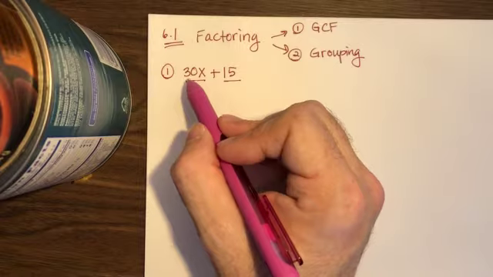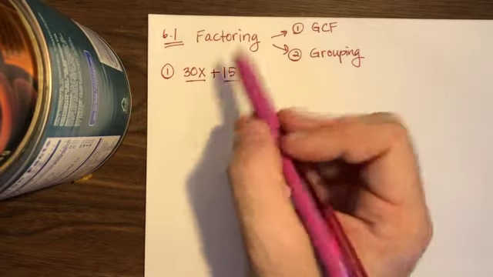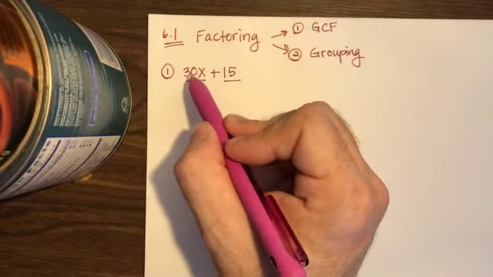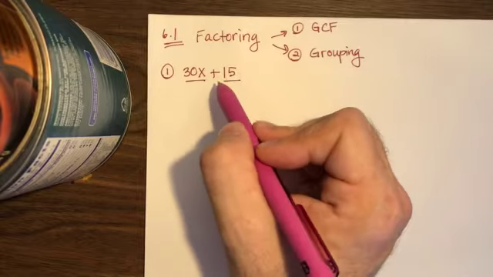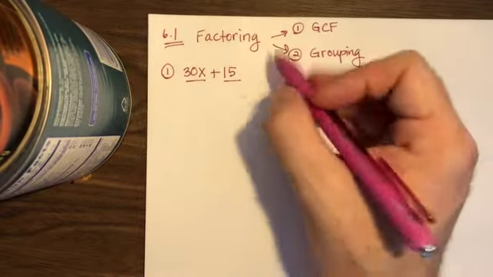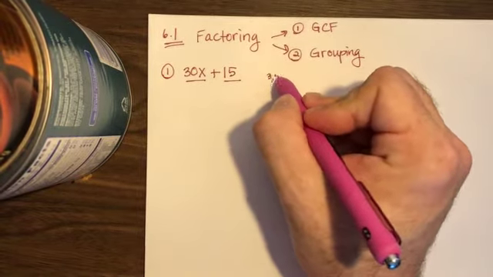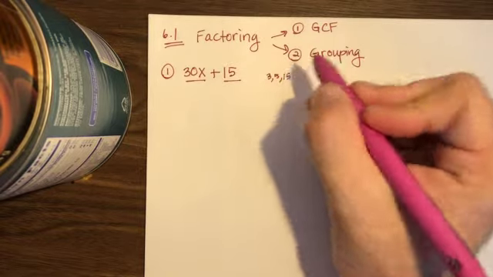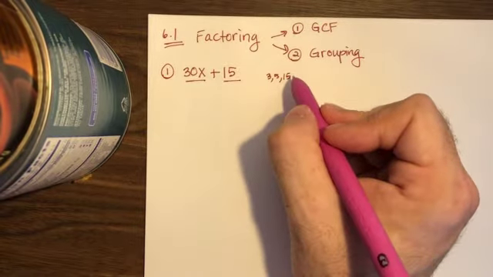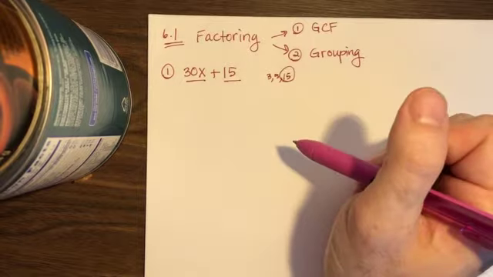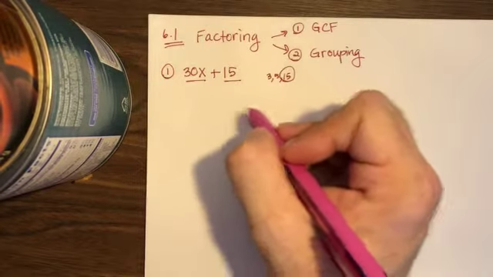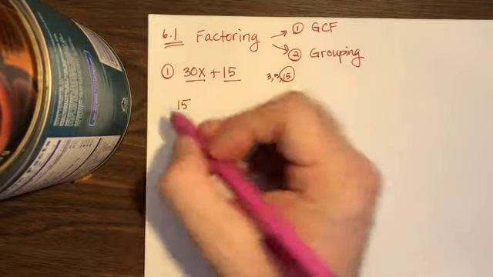And then we have 10, no. 10 doesn't go into 15, so that's out. And then we have 15, yes. So of all these numbers, we got 3, 5, and 15. Those are all numbers that work. We want the biggest one, and that's 15. And that is my GCF.